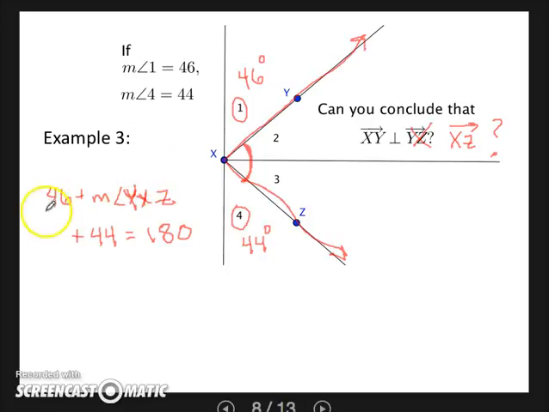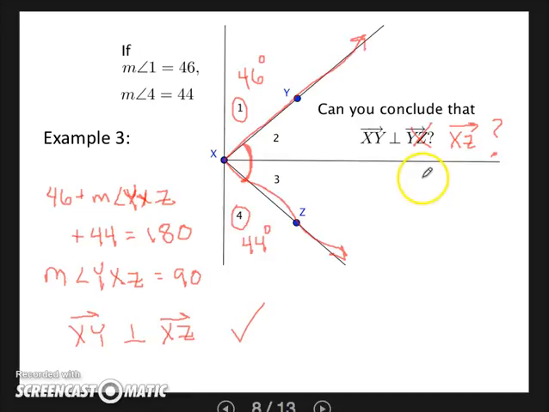If we do some algebra and subtract 46 and 44 from both sides of the equation, we have the measure of angle YXZ is 90. Another way to say that is that ray XY is perpendicular to ray XZ. So yes, we can conclude that XY is perpendicular to XZ.